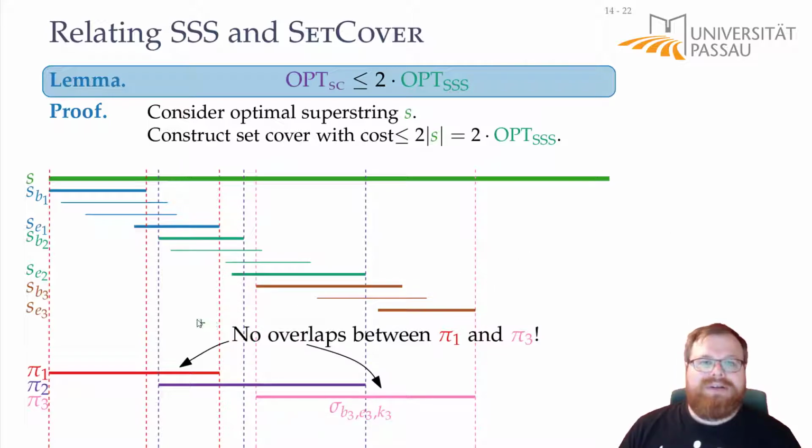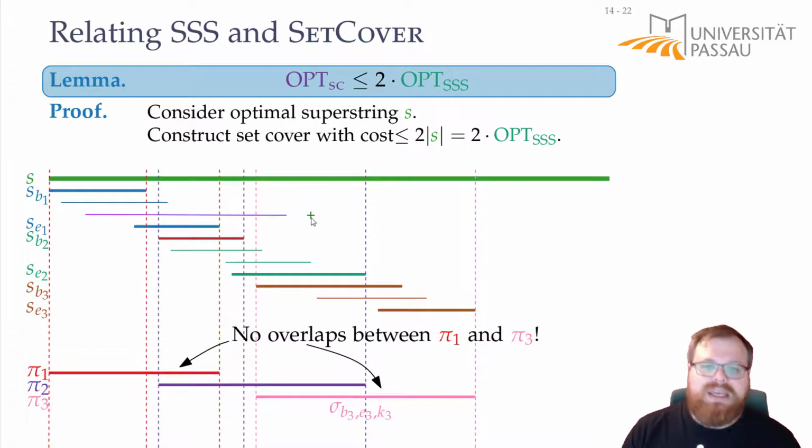So the only way that a blue string and a brown string overlap is that one of them is very long and reaches over there, like this one here. But now, look at this string and look at the very first cyan string. Now the cyan string is included in this very long string.